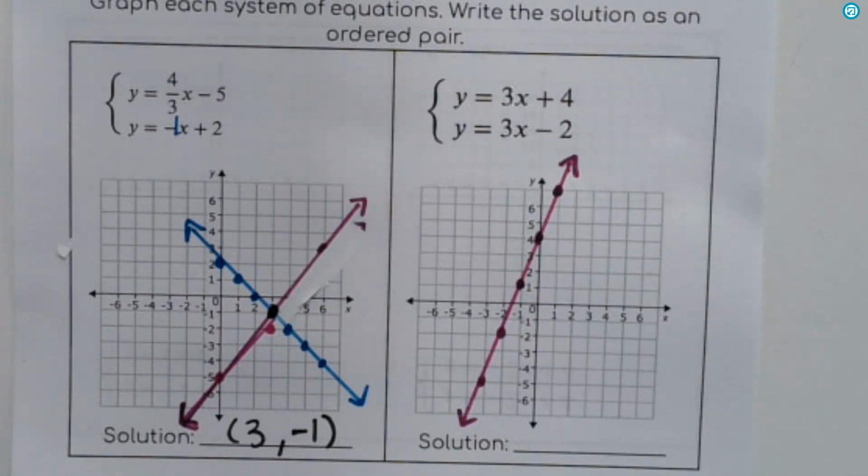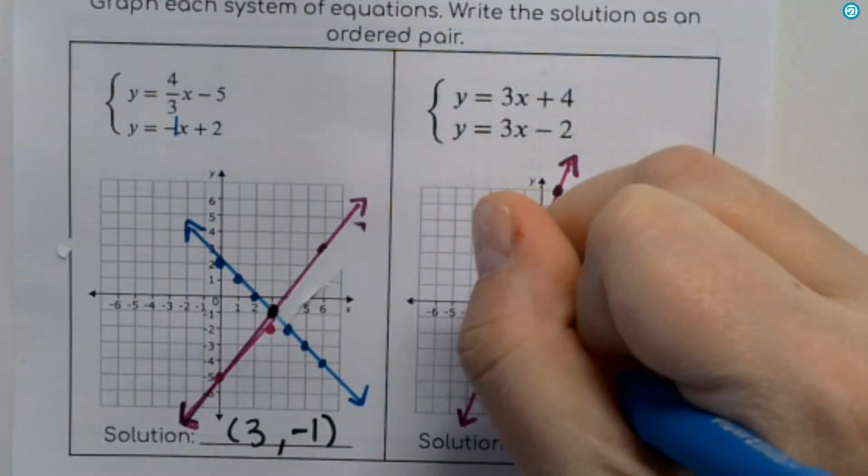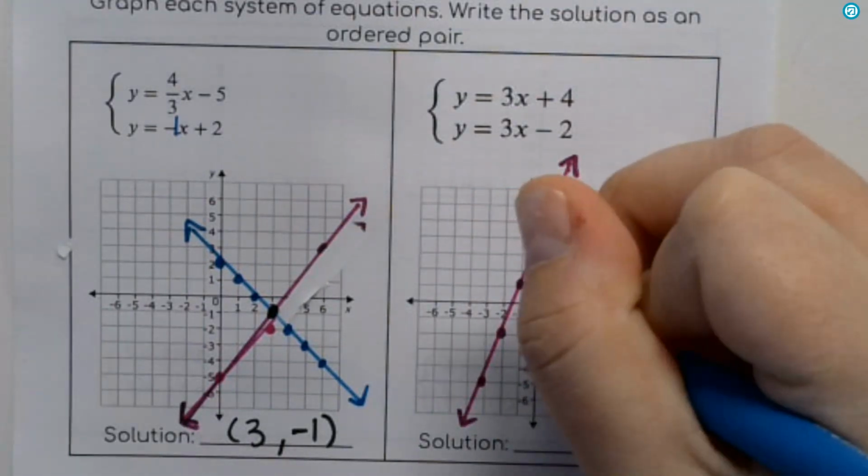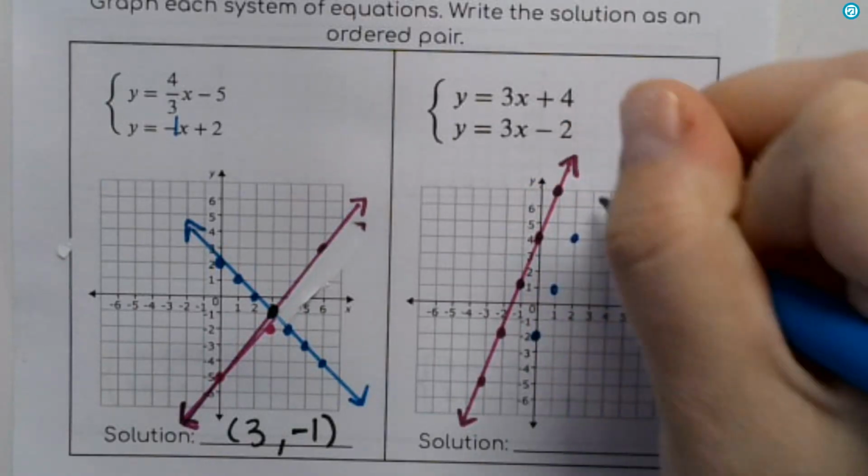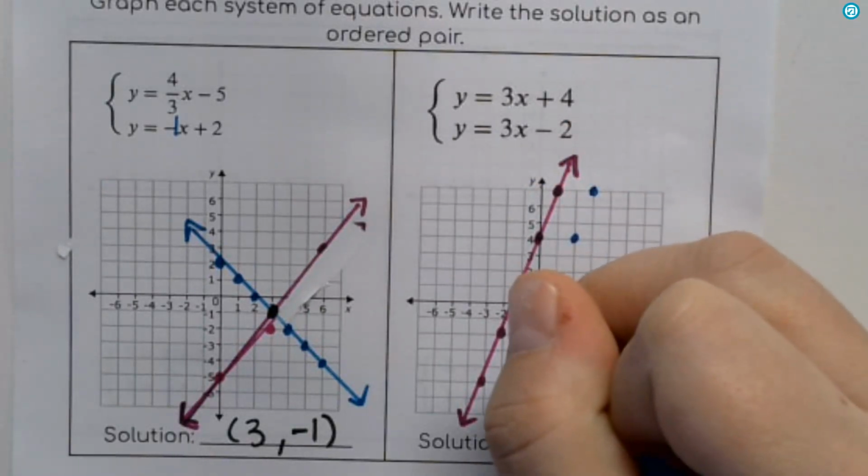Okay, for our other one, 3x minus 2, we'll start at -2. We'll do a slope of 3, so I'll go up 3, right 1 a couple times. I can also go down 3, left 1 once.